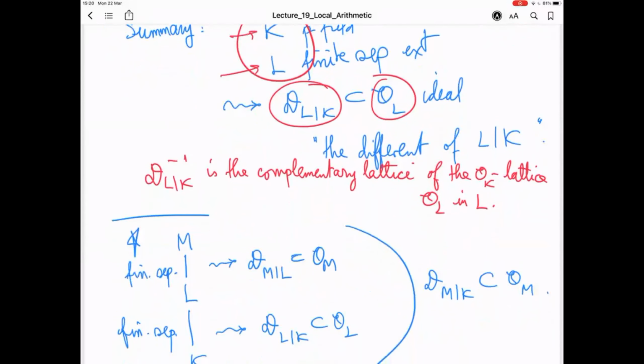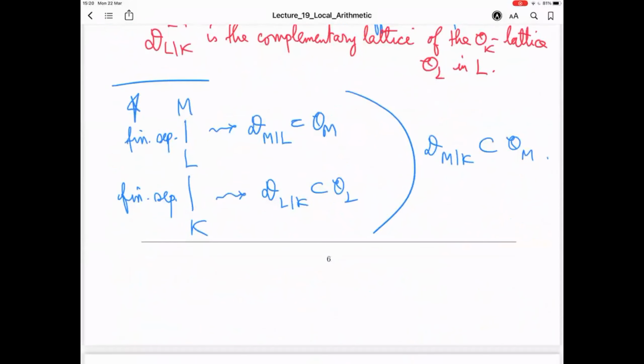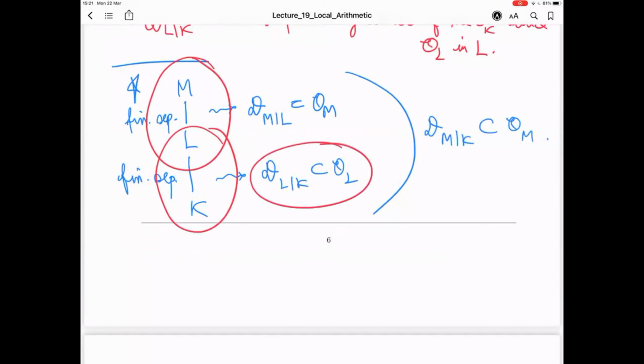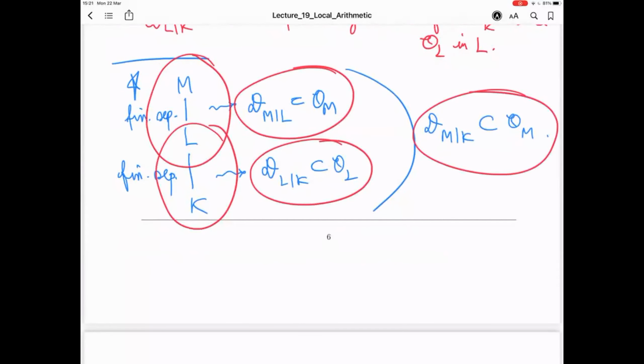Good. Now, you consider a situation where you have a finite separable extension L over K and a finite separable extension M over L. Then you have the different of L over K and the different of M over L, and of course also the different of M over K. So how are these things related?